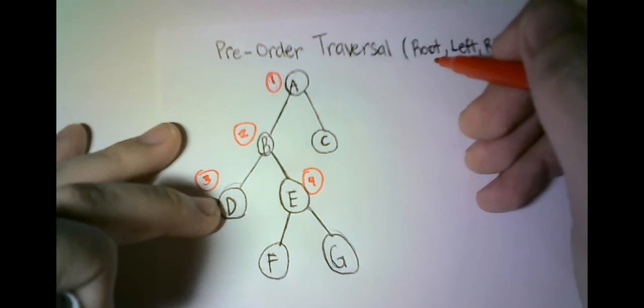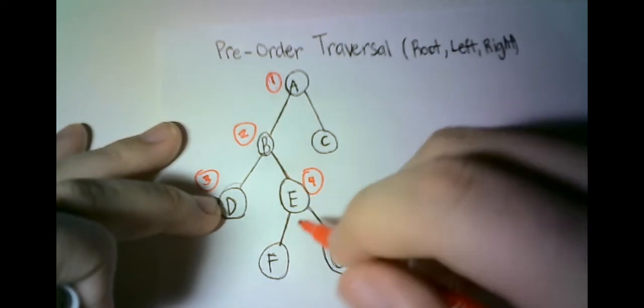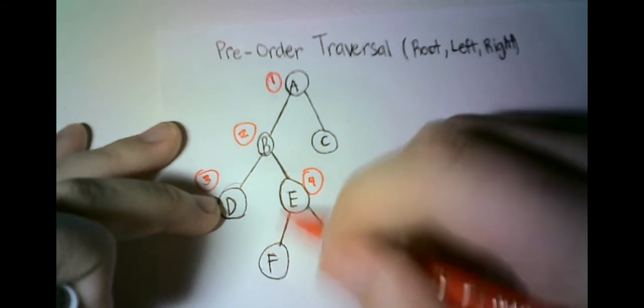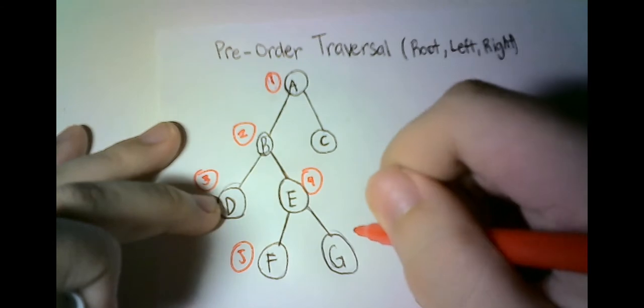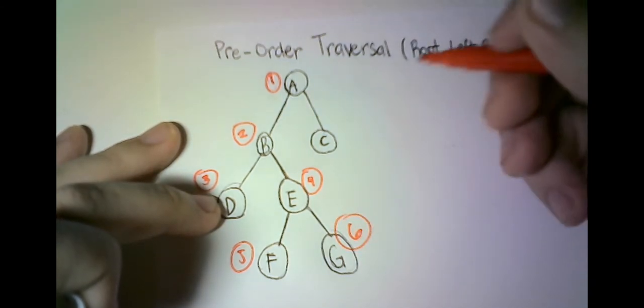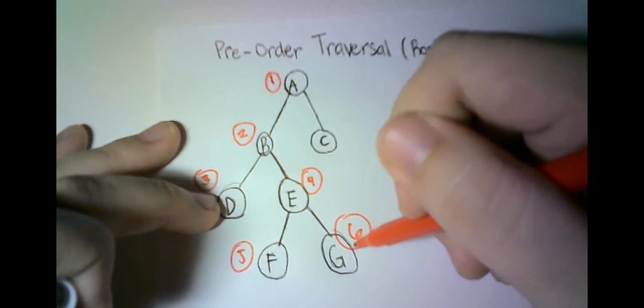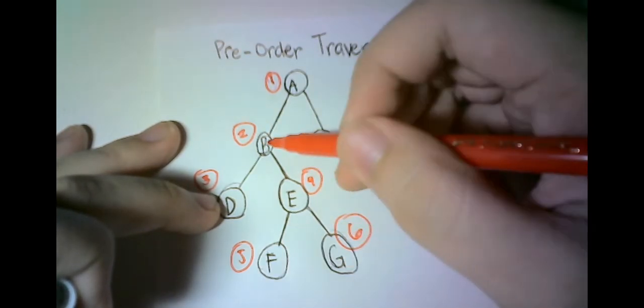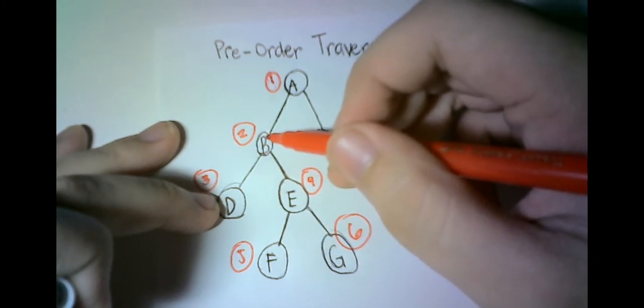Now this is the top, right? E here has children nodes, so this becomes the top. Then it goes to the left, this becomes 5, and go to the right, 6. Since this is the last, the children nodes of node B are finished, it's done.